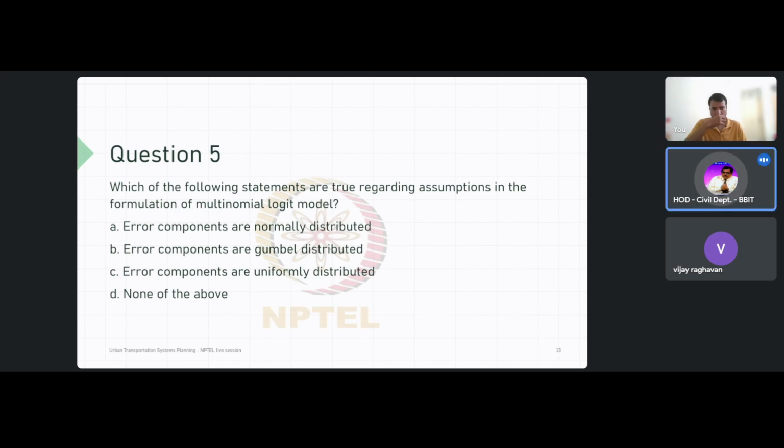Sir, actually, it can be normal and it can be Gumbel distributed, depending on. Okay. So none of the above, I think, sir. Okay.